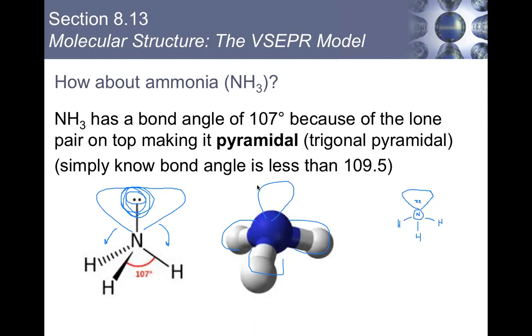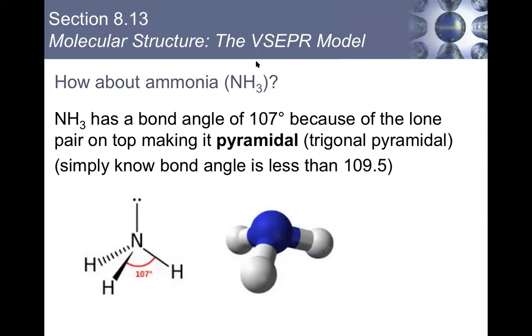So all you have to do is say less than 109.5. The real angle is 107. Don't worry about memorizing it. Lone pairs will always reduce the bond angle. Does that make sense? So 4 domains, it's basically based off trigonal planar, but this lone pair pushes everybody down one more.